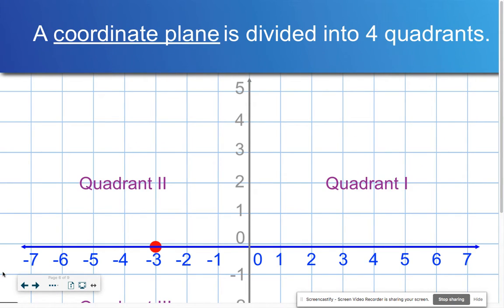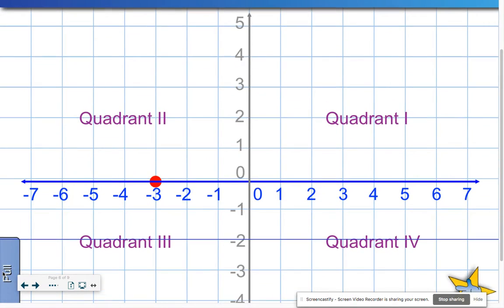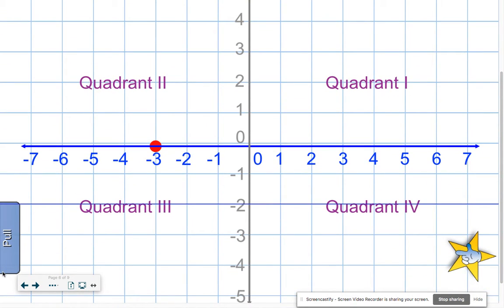So again, coordinate planes are divided into 4 quadrants. We have quadrant 1. Quadrant 1 is dealing with positive and positive numbers. Quadrant 2, we start with a negative number, but then have a positive number.